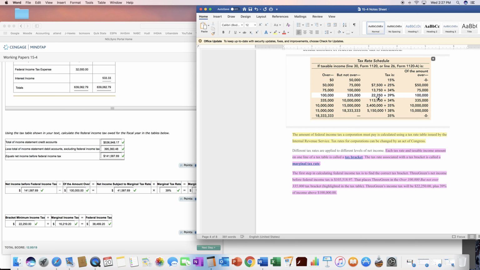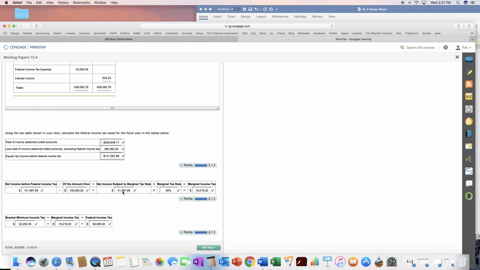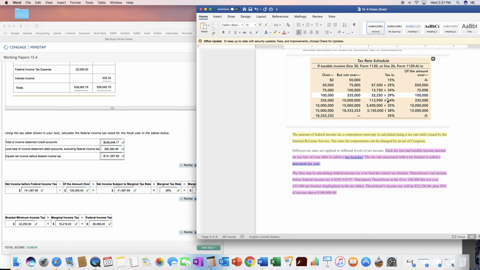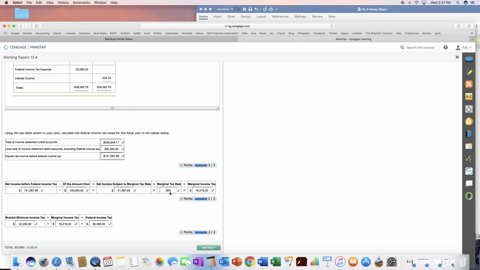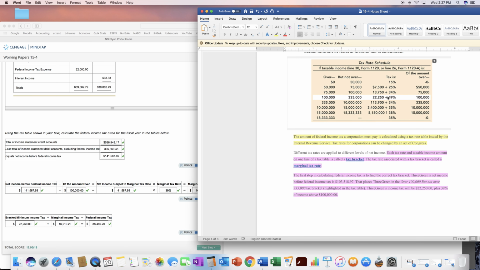We're already going to be at 22,250 for tax, but the remaining amount, this 41 number, needs to be multiplied at this tax rate, 39%, excuse me. So we find the amount over 100,000. We take that times the 39% tax rate where it falls. So that would be like 41,000 right here. The example has the 22,000 number.